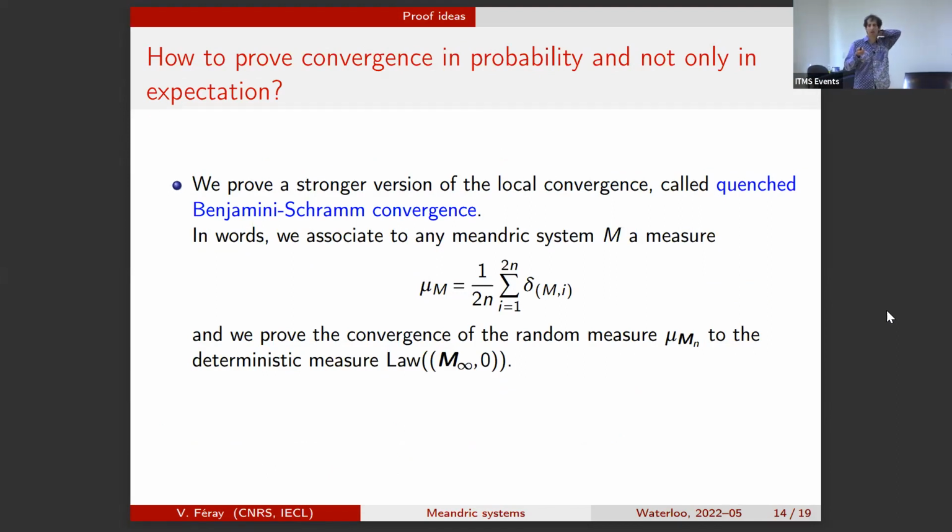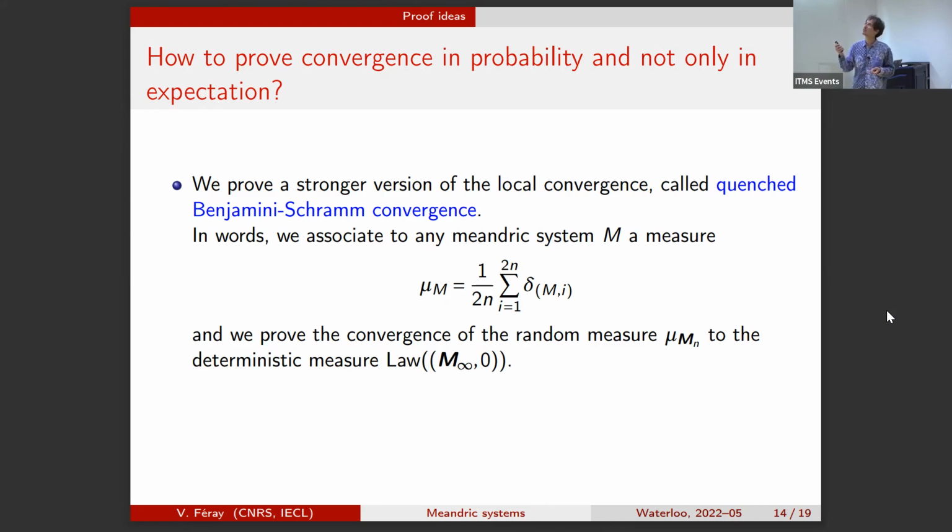Just a word about how we get the strong version. Here you need to consider random measures and convergence of random measures, which always gives me a bit of a headache. But in fact, just to tell you very roughly, we have to get the concentration of this number of components, so we have to prove a stronger version of this local limit convergence towards the infinite noodle.